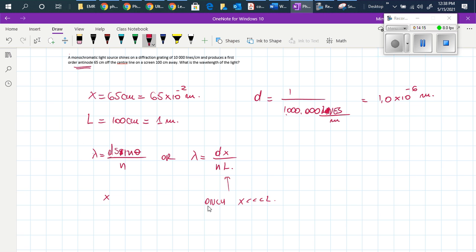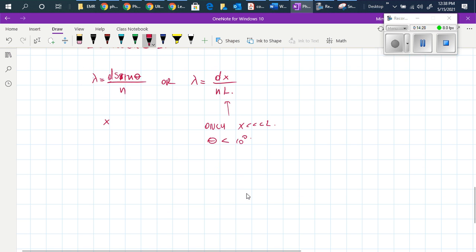Another thing is you will see if angle theta is less than 10 degrees, because if it is more, then tangent and sine are not close to each other.